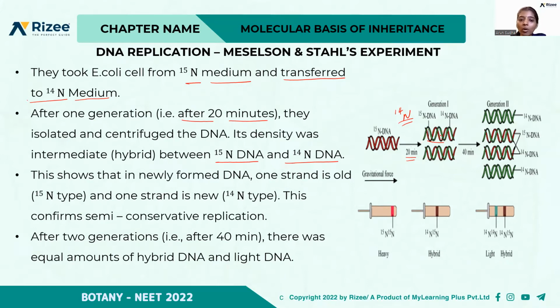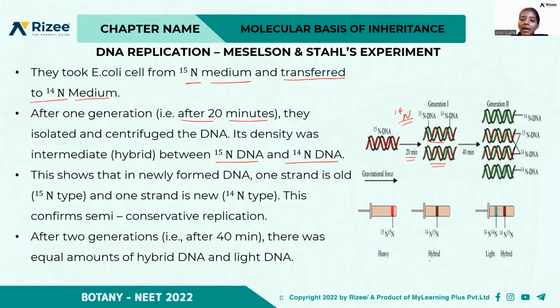Okay, so after one generation, they isolated and centrifuged the DNA, that is the first generation DNA. If you observe the density, this is for N15, so it is heavier. And the N14 alone forms a band at the top because it is lighter.